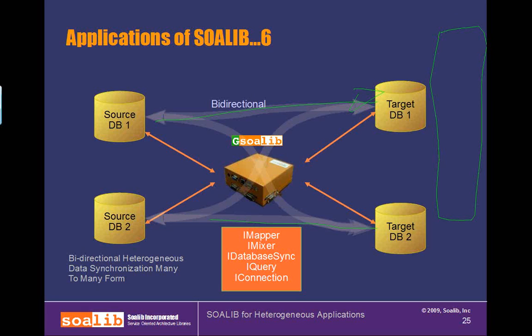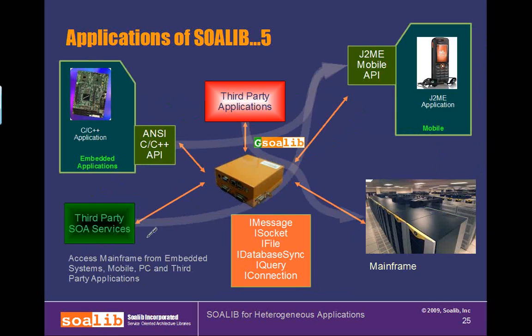You can have instance-based synchronization, so at any time you can have multiple synchronizations running at the same time as instances. And it can be many to many. So this can sync with another database, and this can sync with another database.